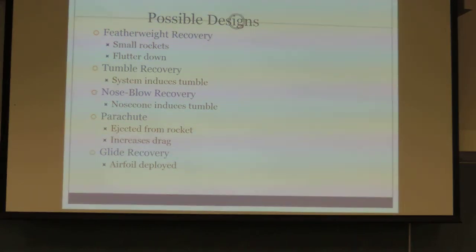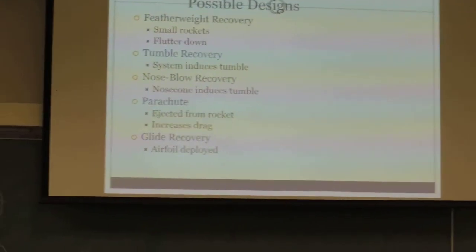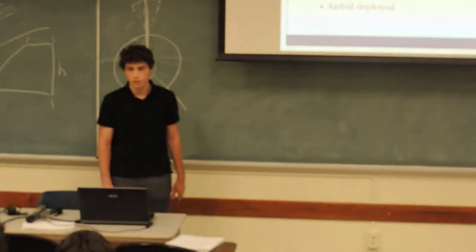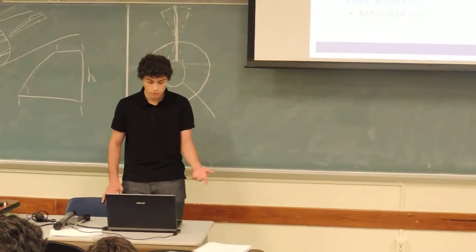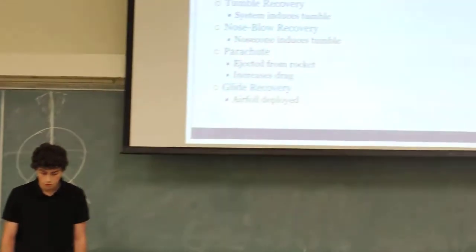Nose blow recovery is getting closer to what we do. You eject the nose cone, and it's just the nose cone dangling from the rocket that slows it down, which again is not very controllable and not very practical for a larger rocket. What we do is we use parachutes.